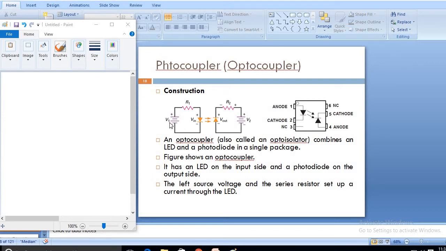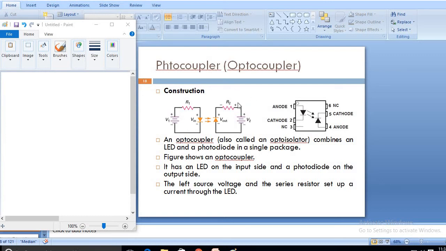This LED circuit consists of the diode with the resistance R1 and the input voltage V1. The photodiode circuit consists of a diode, a voltage, and a resistor. Optocoupler, also called an optoisolator, combines both LED and photodiode in a single package.